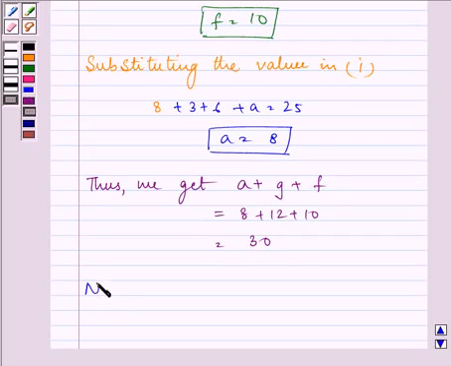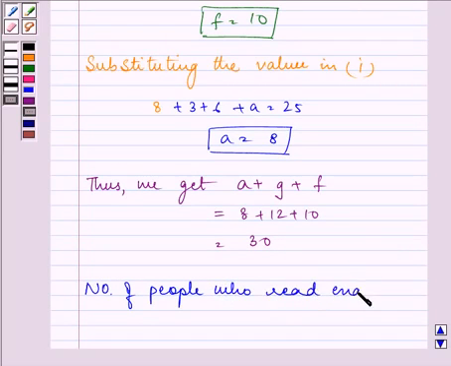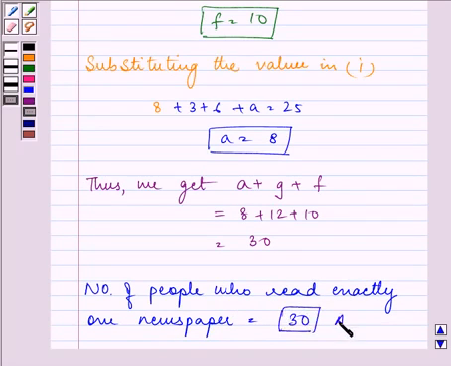So the number of people who read exactly one newspaper is equal to 30, and this is our required answer of the second part.